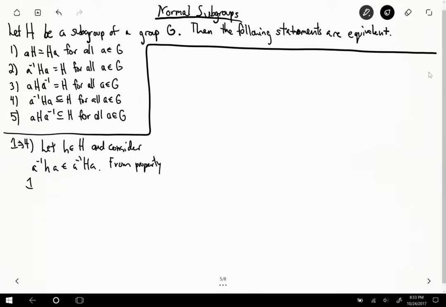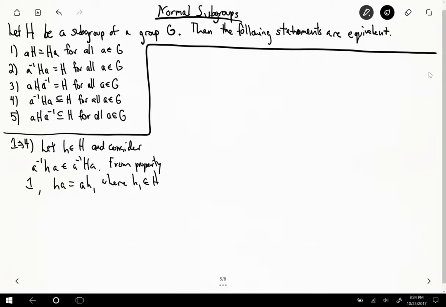We know that we have some ha equal to some a h1, where this h1 has to belong to H. Why can we get away with saying this?